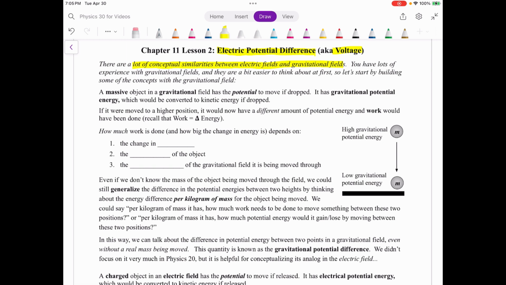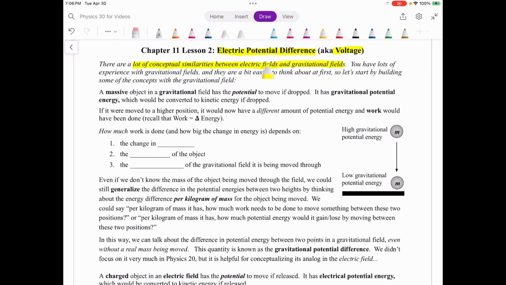To think about the electric potential difference, we're going to start by thinking about the equivalent concept in the gravitational field. Now, again, it's not too surprising that electric fields and gravitational fields have so much in common. They really, at the end of the day, are describing very similar things. They're both talking about the amount of force an object would feel if placed at a given location.